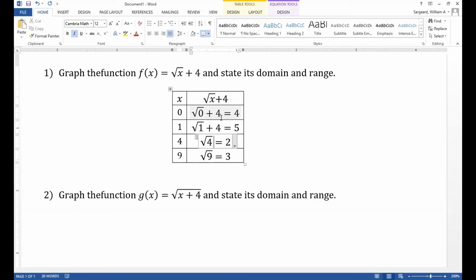This is just going to add 4 to all of these previous y values. It's going to wind up shifting the original graph that I showed up 4 units.